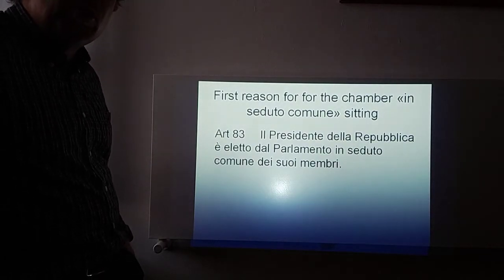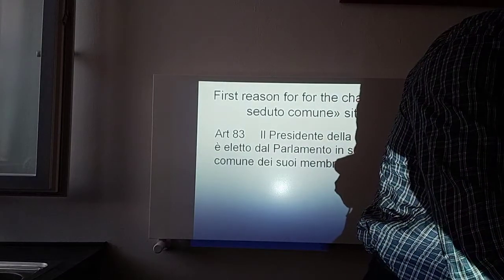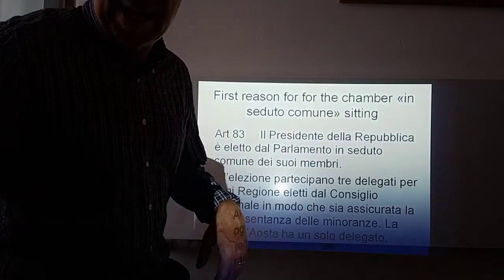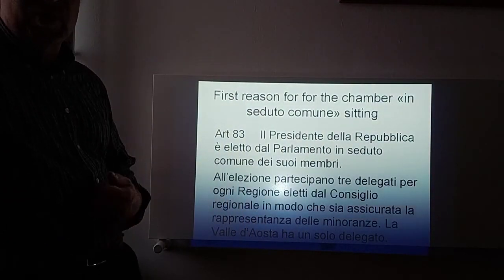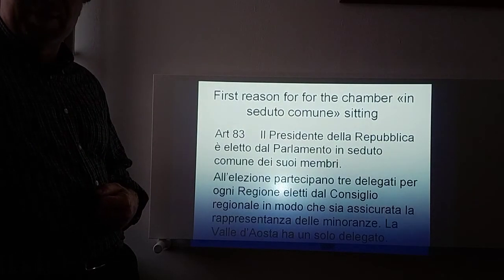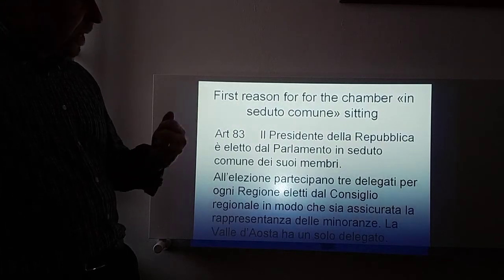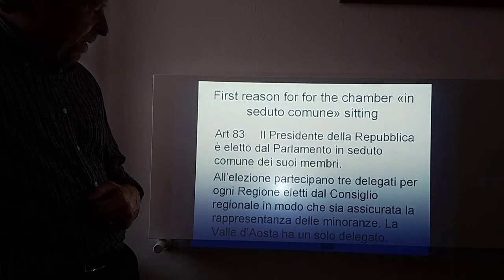So to elect the President of the Republic, in Italy he's indirectly elected, so he's not elected by the people but by the Parliament in seduta comune, and that's when they do it.